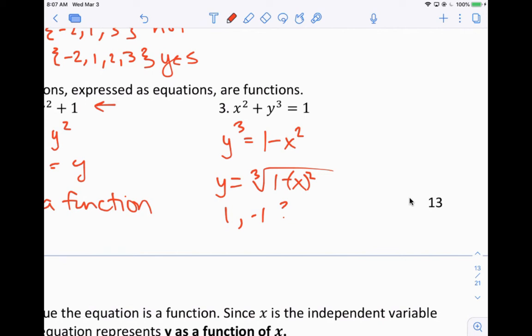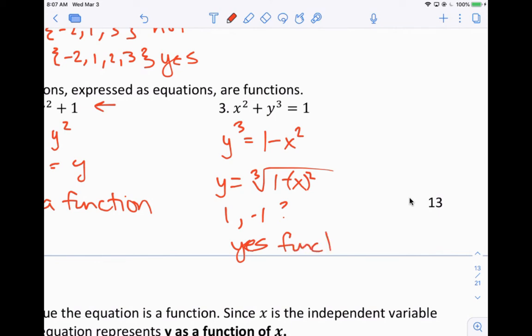No, remember, you can have two different x's going to the same y. That's fine. But there's no way out of this one that I'm going to get one x giving me two different y's. So I'm not going to get one x suddenly producing two different things. And so this is a function.